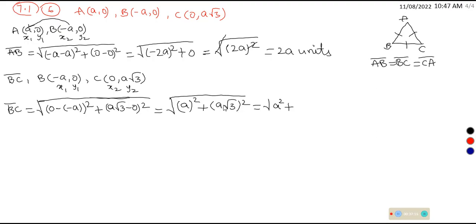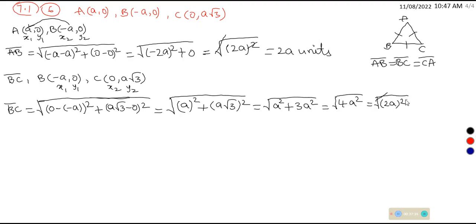Root 3 square is 3, a square is a square, finally it is 3a square. Both are like terms, we can add: 4a square. So 4a square also can be written as 2a whole square.